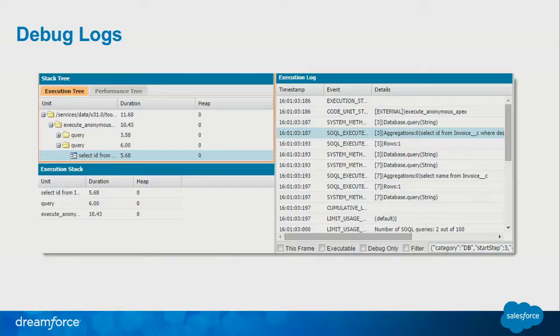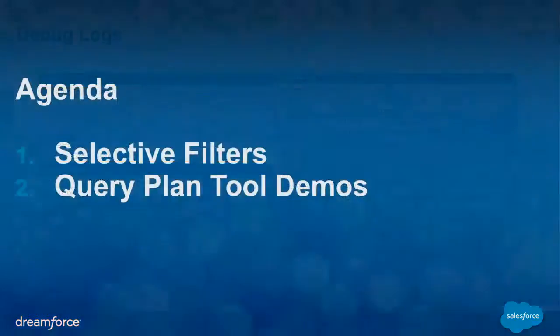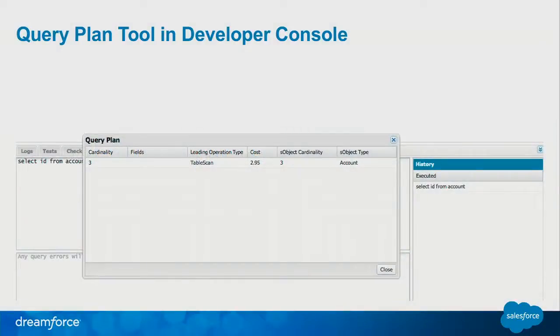Today we're going to talk about how we can use the query plan tool to give you a better idea of why your queries ran for that period. We'll talk about making sure that you add selective filters to your queries. And we're going to talk about the query plan tool, which is in the Dev Console.